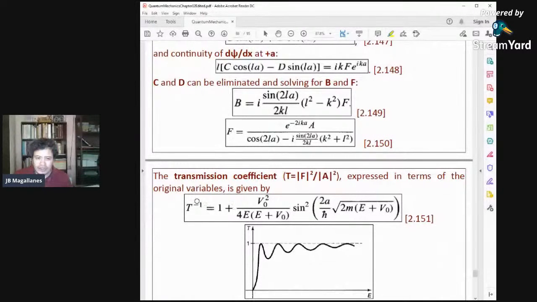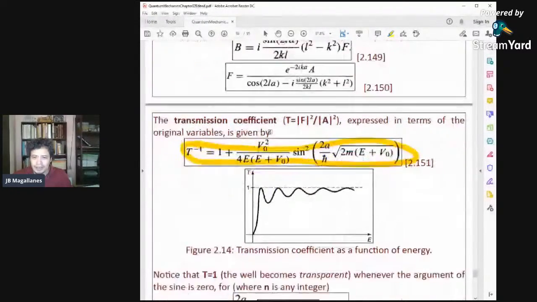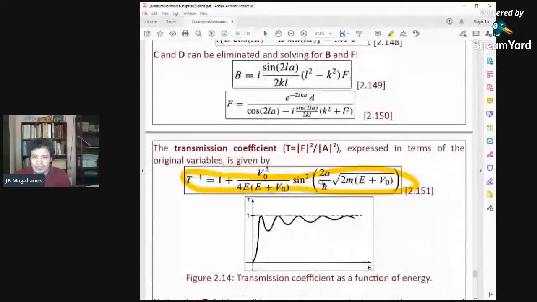this expression for your transmission coefficient. For your reflection coefficient, that would be F over B. So you just have to square this and square that.